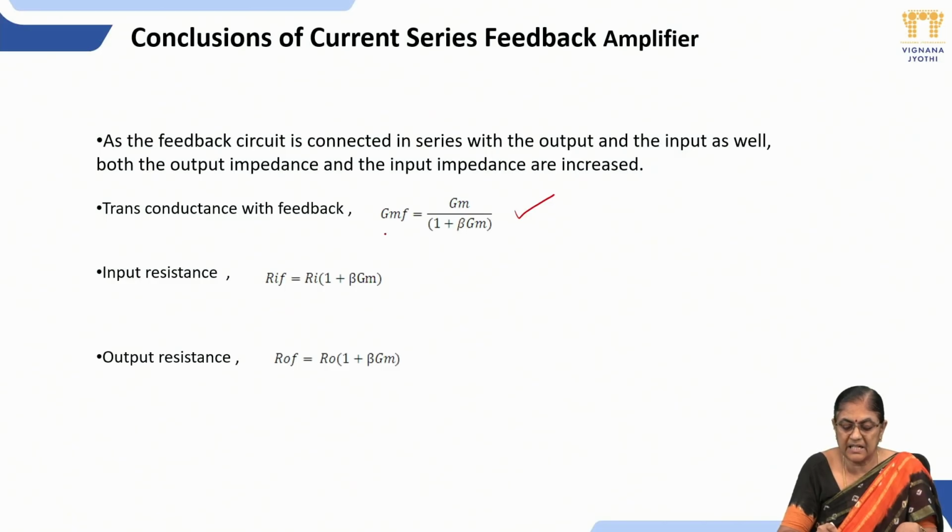So that means transconductance with feedback is less than that of without feedback by the factor of 1 plus beta Gm. Input resistance with feedback is RIF, that is equals to Ri into 1 plus beta Gm. Input resistance with feedback increases than without feedback by the factor of 1 plus beta Gm. Output resistance with feedback is R0F, that is equals to R0 into 1 plus beta Gm. So output resistance with feedback increases by the factor of 1 plus beta Gm than without feedback.